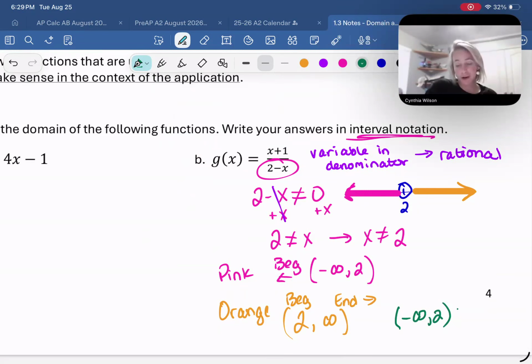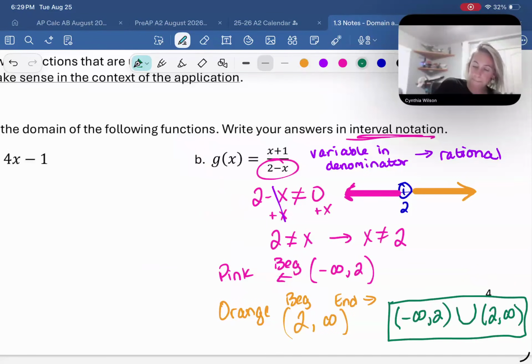Then you're going to draw this little U. That is the math symbol for or. I don't want you to worry too much about it, but for this problem, you need that union. Okay, it's called a union. So we have the pink interval, and now we have the orange interval. That is your final domain.